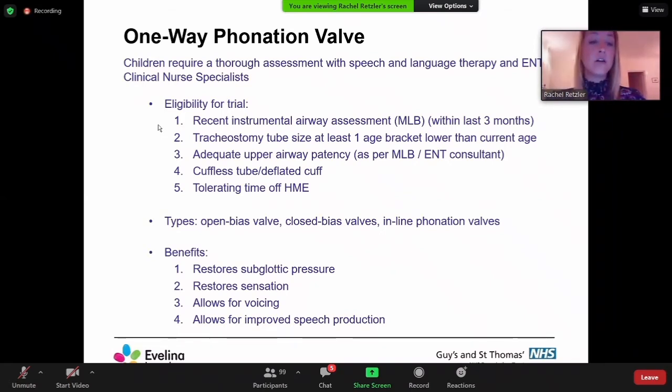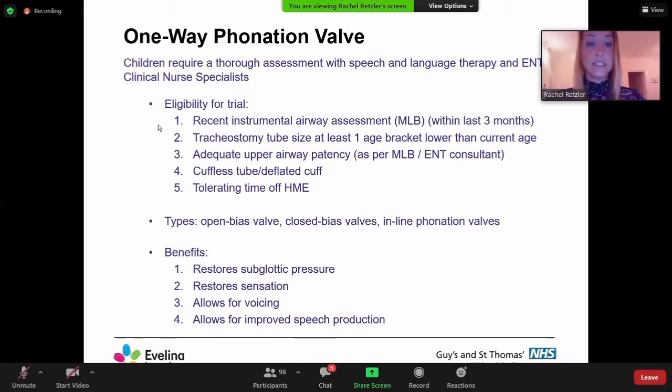Eligibility for a trial of a valve that we use at Evelina is to have a recent instrumental airway assessment, a microlaryngoscopy and bronchoscopy, otherwise known as MLB, ideally within the last 3 months, because as we know with upper airway, sometimes our children's airways will change. So within the last 3 months gives us a good recent understanding of their airway patency.